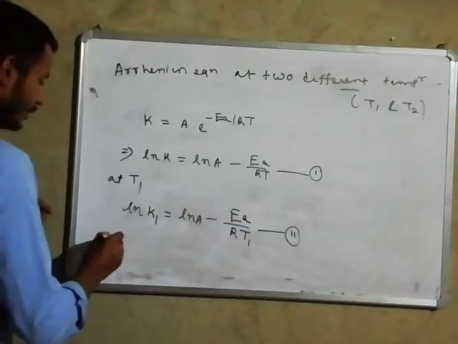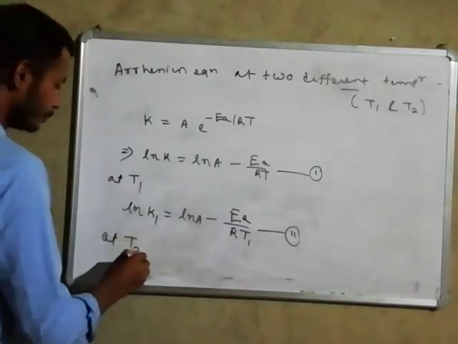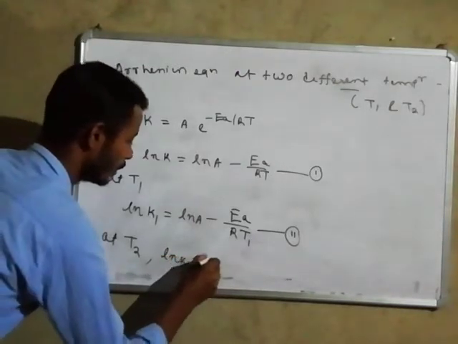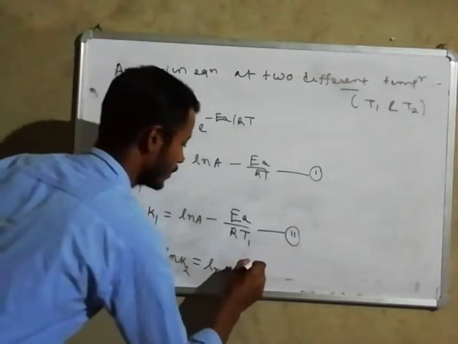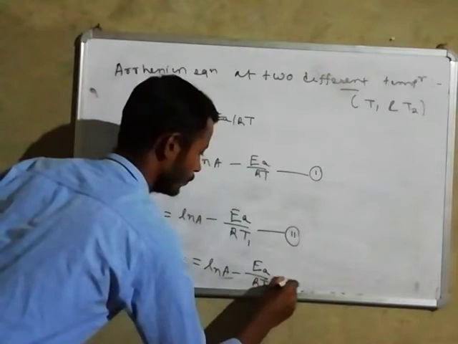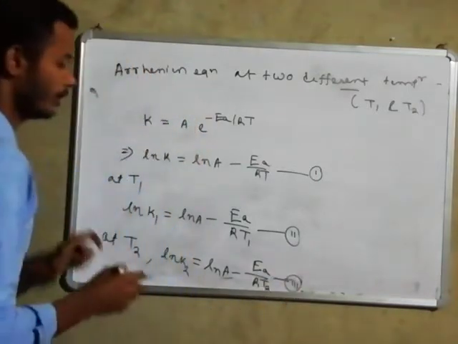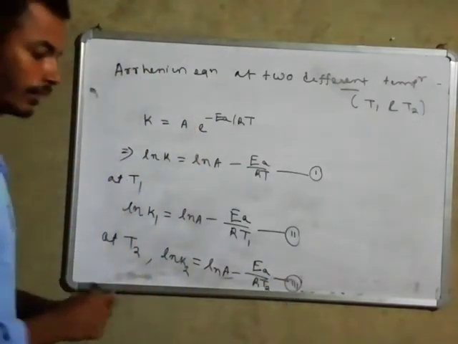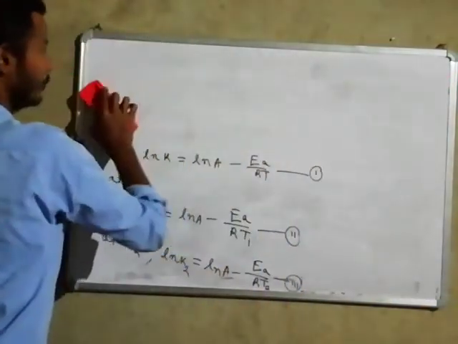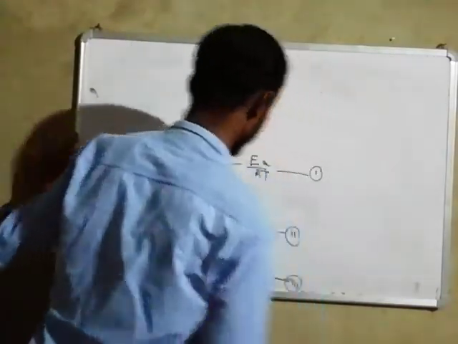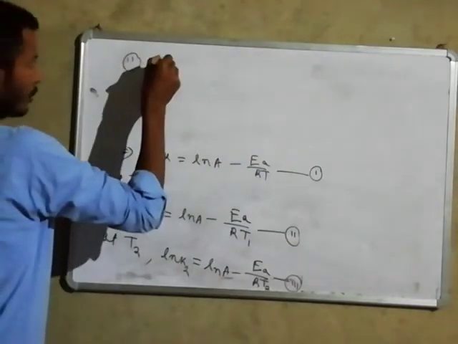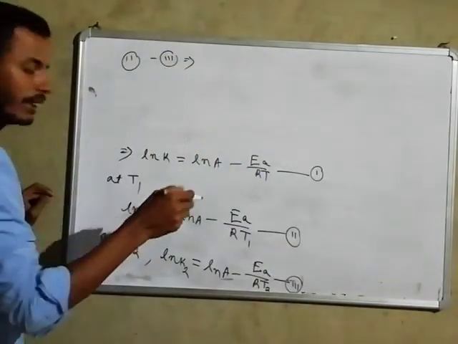Similarly at T2, ln k2 is equal to ln A minus Ea by RT2. This is equation number 3. So now, equation 2 minus equation 3.